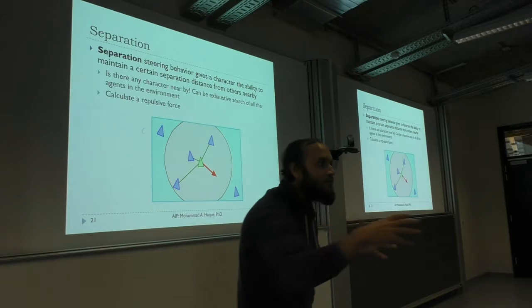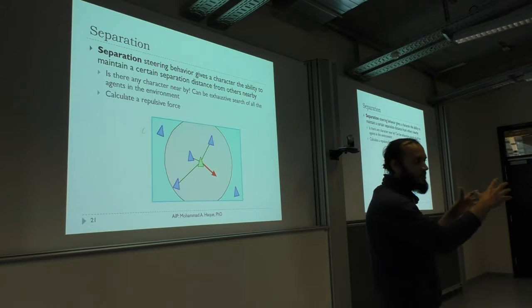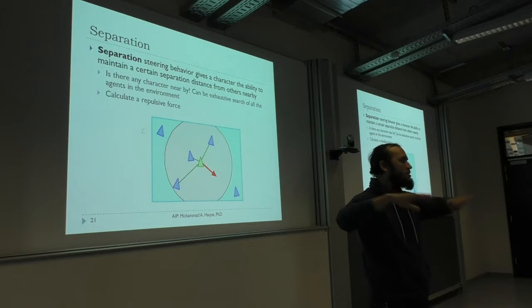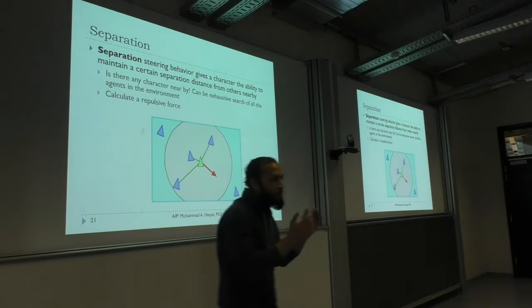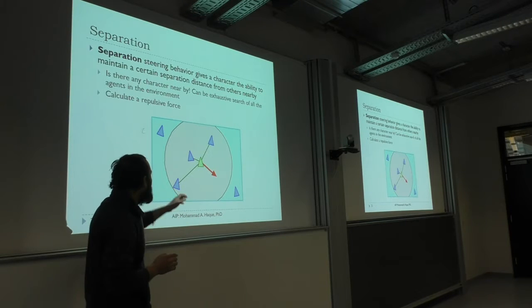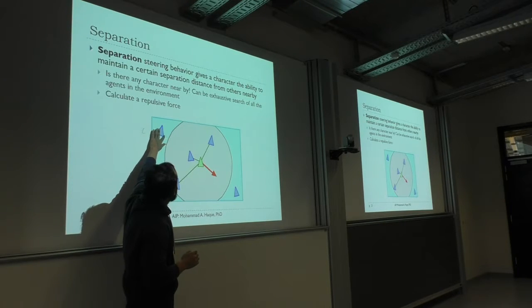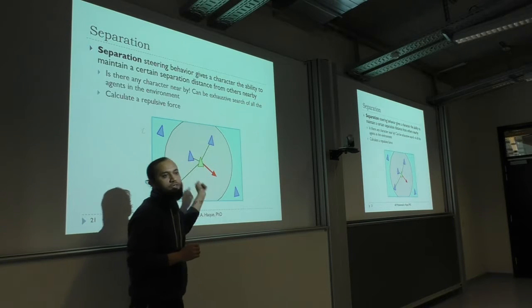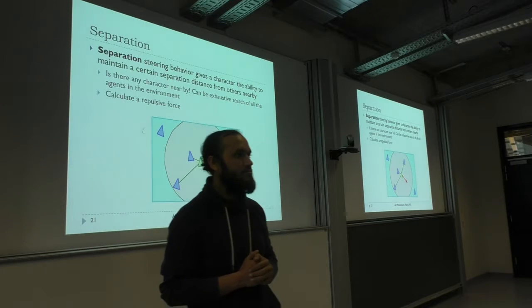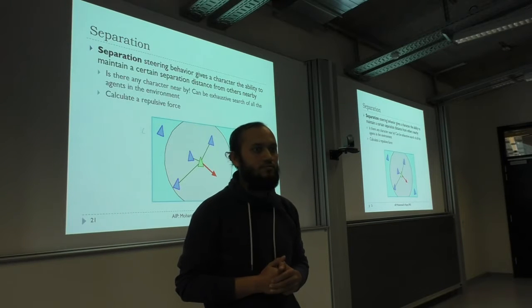You are running a flock. Flock, you understand? Many birds flying together in one direction. Let's say you have so many, and you want to keep a separate distance from each of them. How do you do that? Then you have to define your own boundary. Then it will make it easier for you. Okay?